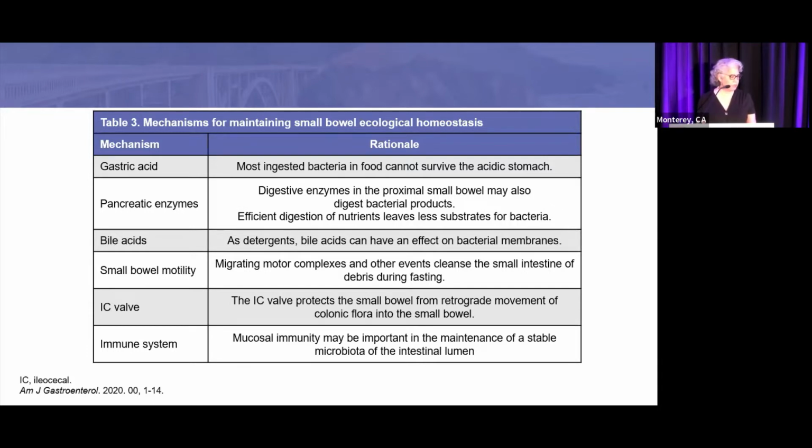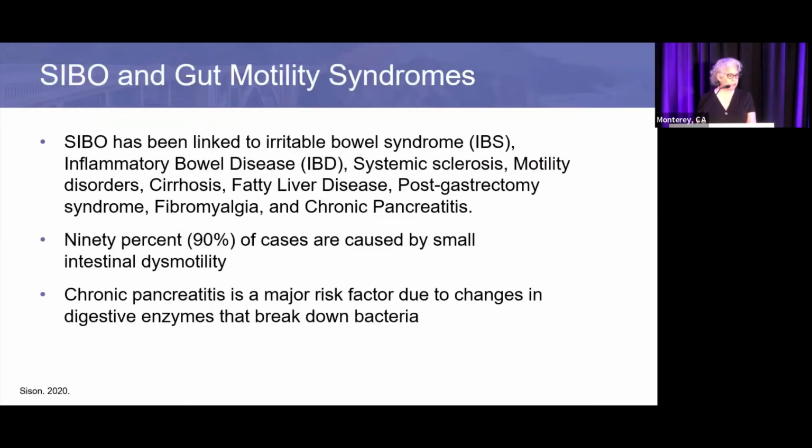The immune system, also mucosal immunity, may be important in the maintenance of a stable microbiota of the intestinal lumen. SIBO has been linked to irritable bowel syndrome, inflammatory bowel disease, systemic sclerosis, motility disorders like I mentioned, cirrhosis, fatty liver disease, post-gastrectomy syndrome, fibromyalgia, and chronic pancreatitis. All these conditions have an issue with motility of the gut or problems with the ileocecal valve.